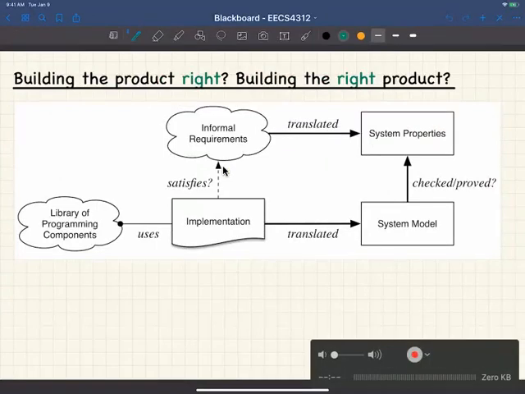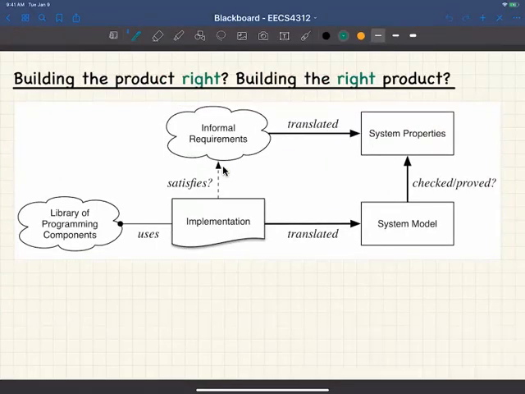Let's have a look at this, and distinguish between two terms: building the products right and building the right products. It sounds similar, but do you see the difference between the two sentences? I believe Johnson talked about it already. So which one is validation?